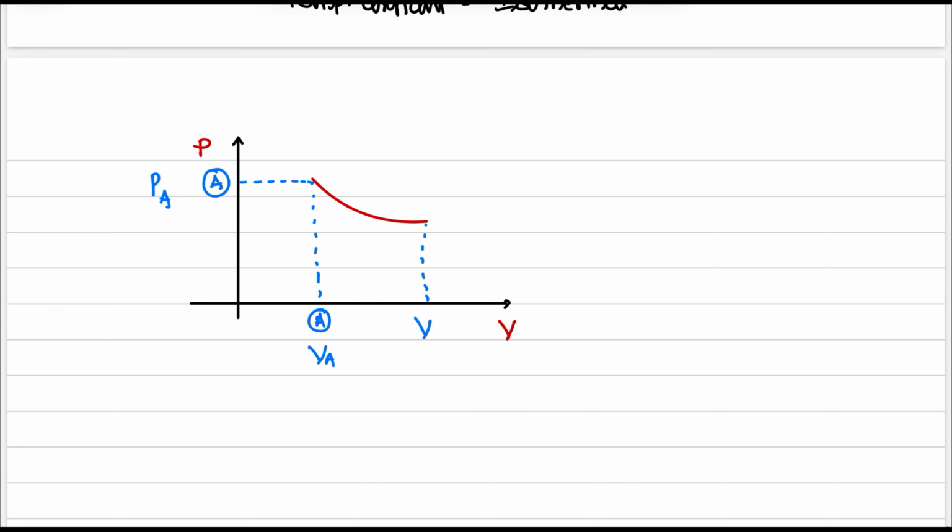At state B, this is VB and this is PB. Now, it is for a reversible process, as I have told in the beginning.